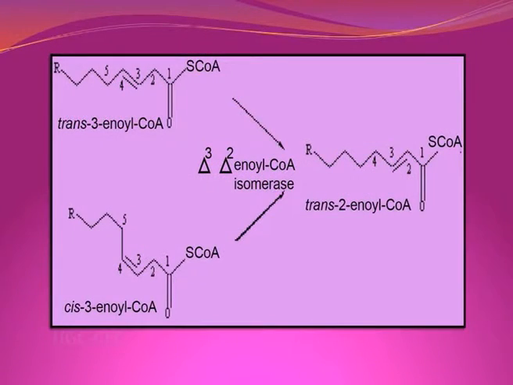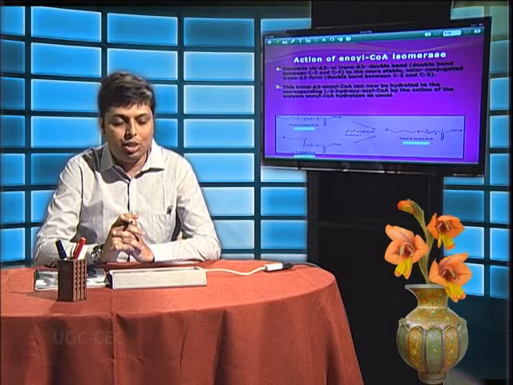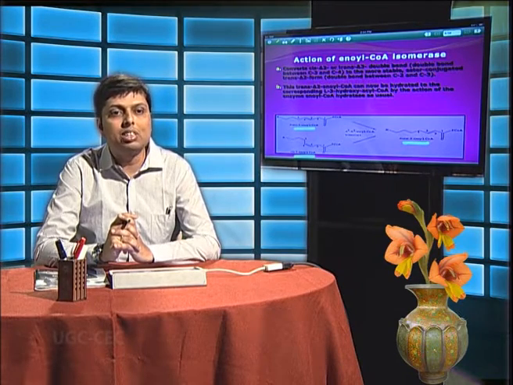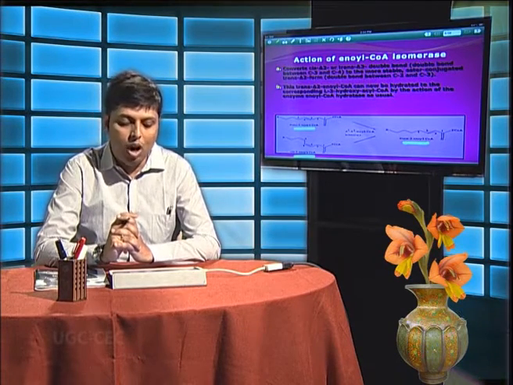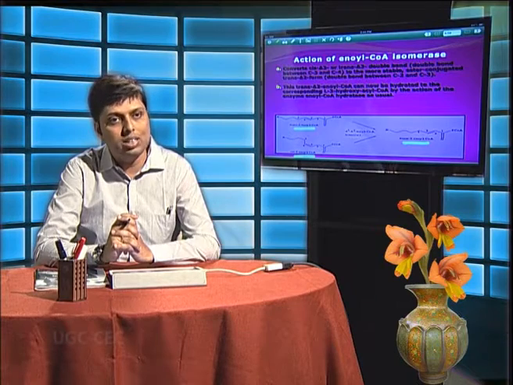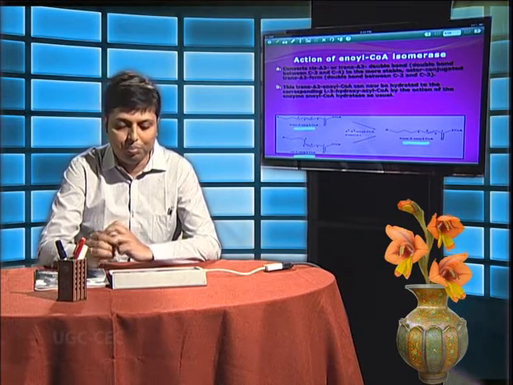It acts on the trans delta 3 enoyl-CoA or a cis delta 3 enoyl-CoA and converts both of them to trans delta 2 enoyl-CoA, and this trans delta 2 enoyl-CoA is the proper substrate of the enzyme enoyl-CoA hydratase. So, this is how the problem is solved in the oxidation of monounsaturated fatty acids.